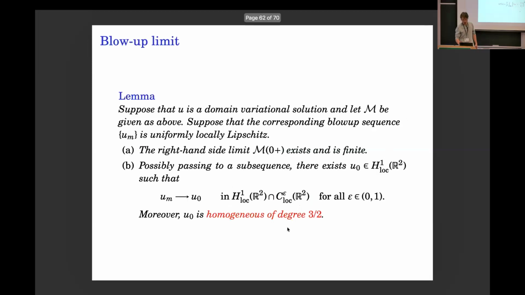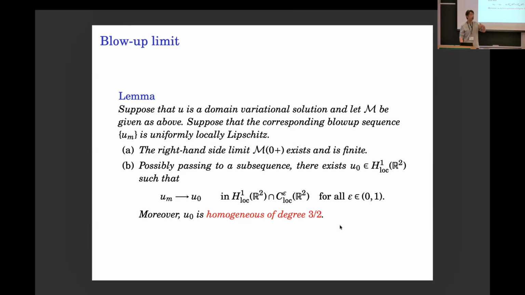With this average gradient bound, we can extract a limit at the end of the bifurcation branch as a domain variation solution, and this monotonicity formula suggests a blow-up argument giving the degree of homogeneity to be 3/2, which hopefully reminds you of the 120 thing.